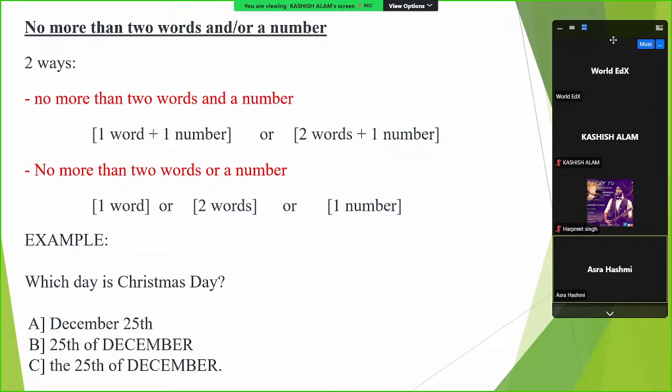So if the example over here is which day is Christmas Day, there are three options. Which option do you think would be correct? Write in the chat box. What do you think would be the correct answer?